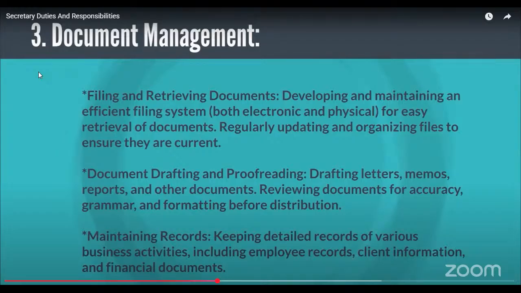Now moving forward to the efficient filing system, both electronic and physical, for easy retrieval of documents. Electronic is a soft copy. As I said that day, I think Adnan was asking me about the soft copy. So soft is electronic, which is an email, a letter in PDF, a Word document or a presentation, which you are saving on your desktop, laptop, or on your mobile phone as per the requirement.